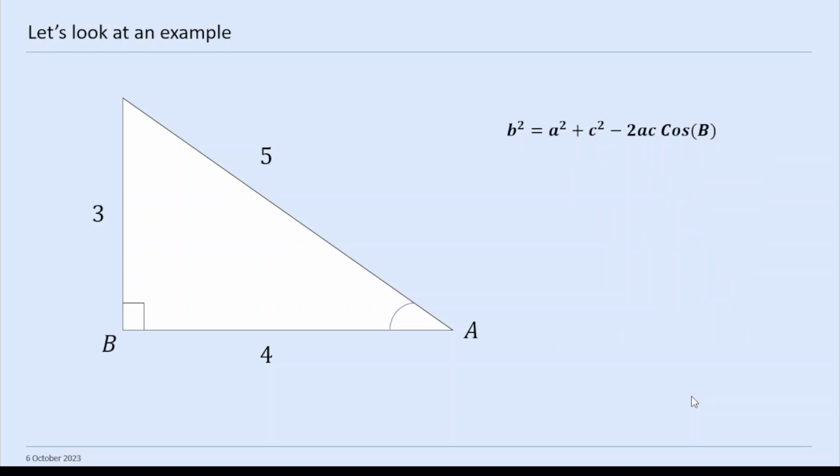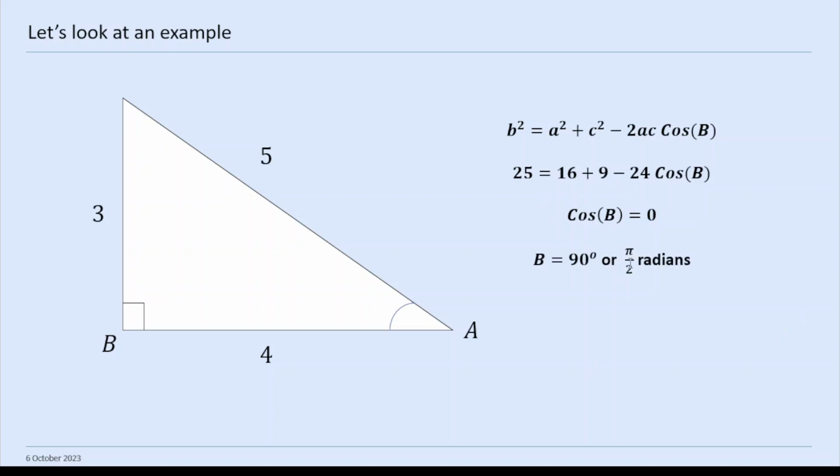I said that quickly, didn't I? Let's do the next one. b squared equals a squared plus c squared minus 2ac cos B. So here you have 25 equals 16 plus 9 minus 24 cos B. You've got 25 here and 25 there, so cos B equals 0.